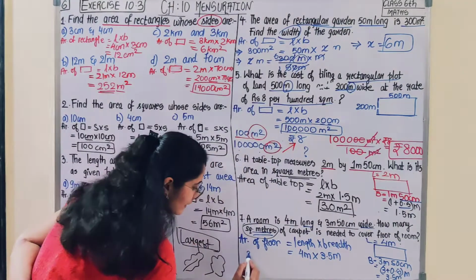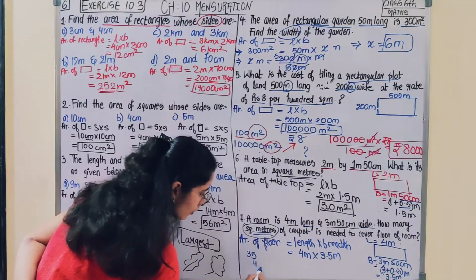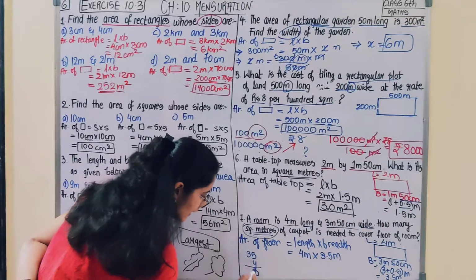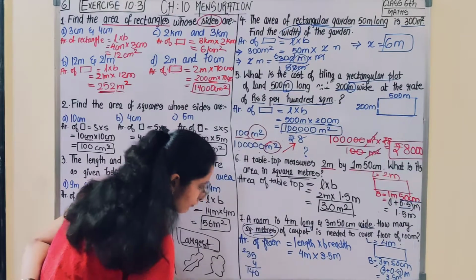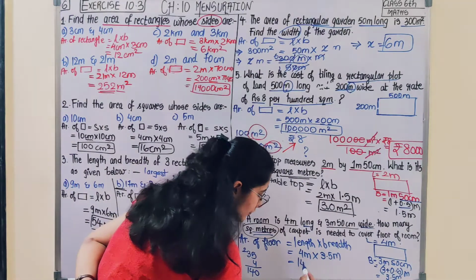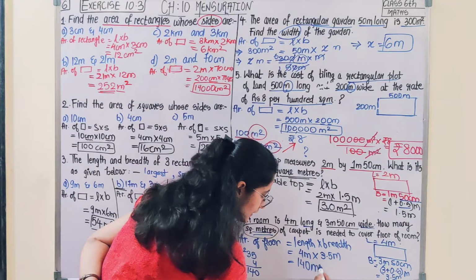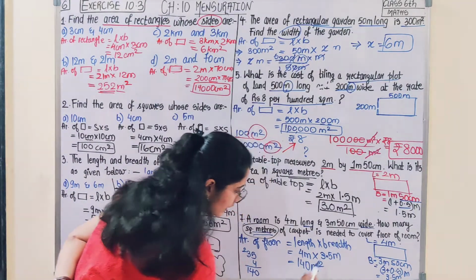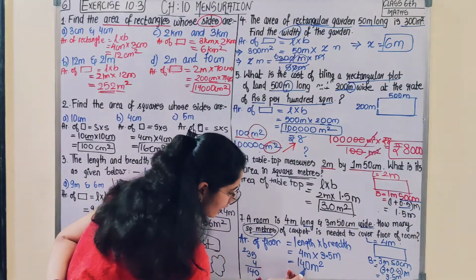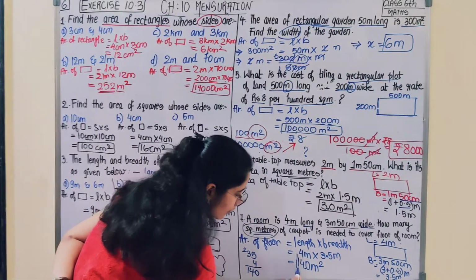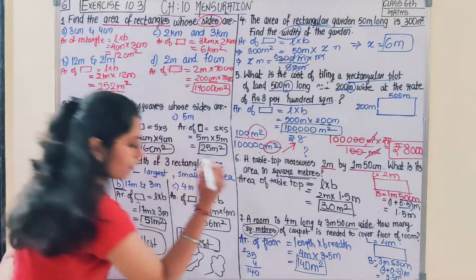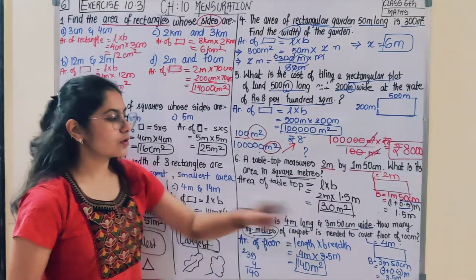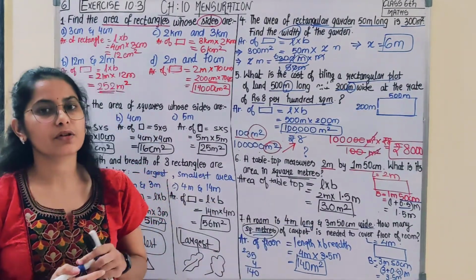So first we would be multiplying 35 with 4, 5 4s are 20, 4 3s are 12, plus 2 14, 140. Since here point, ठीक है, point लगाना भूलना मत, एक digit के बाद है. So 14 meter square is the area of carpet required to cover the floor of that room.